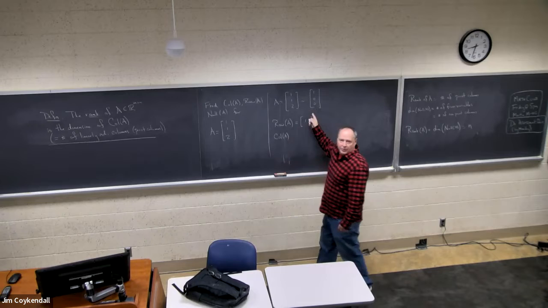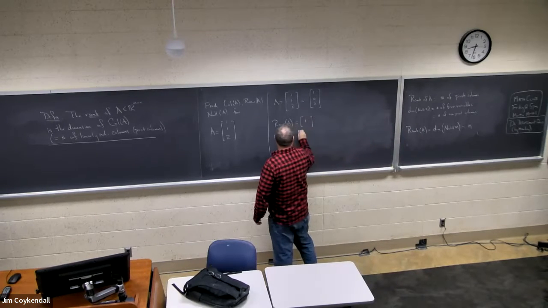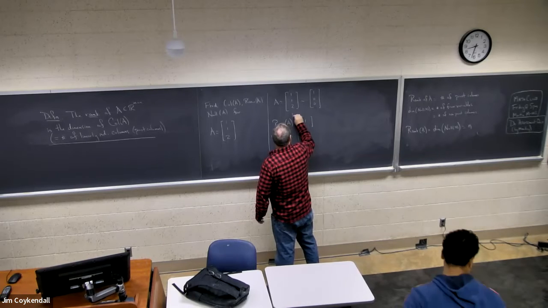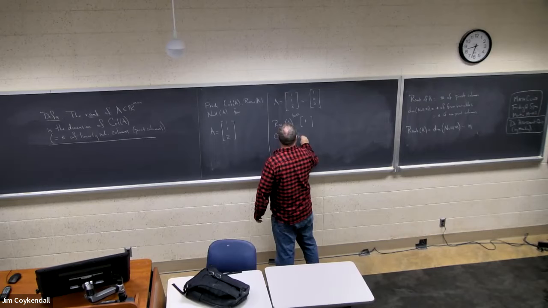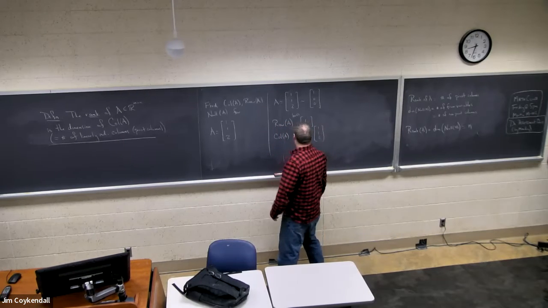How many pivot columns do I have? 1. You go back to the original A for the column space basis.